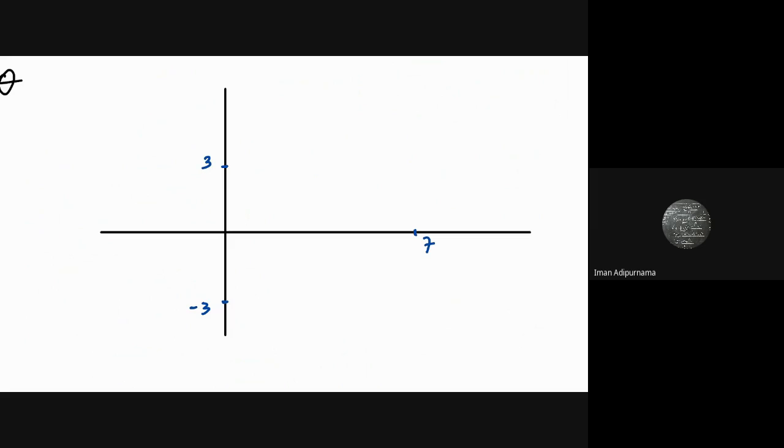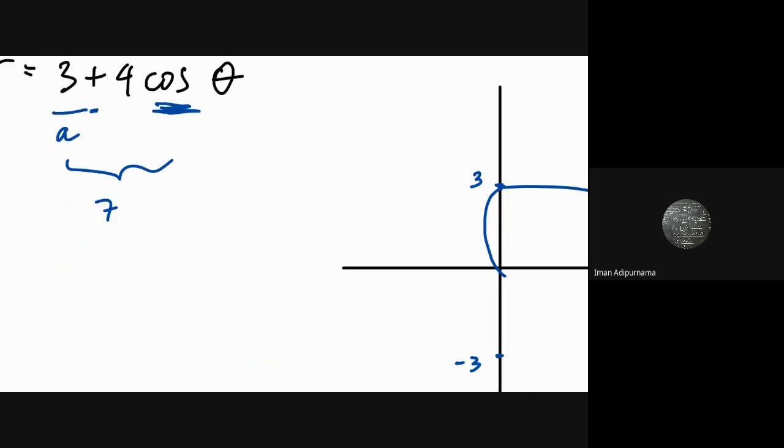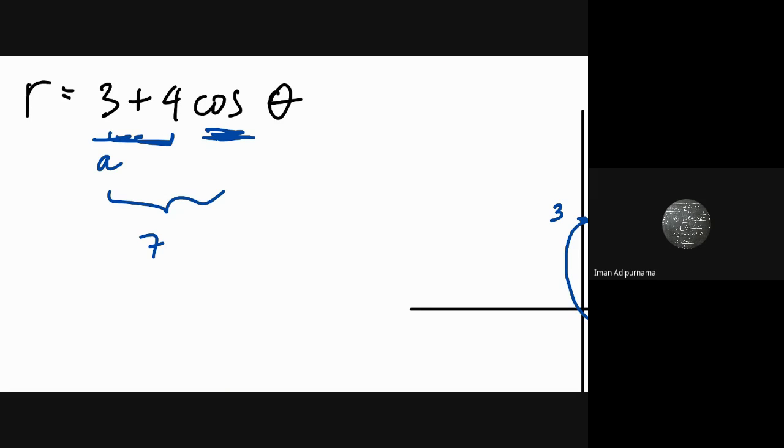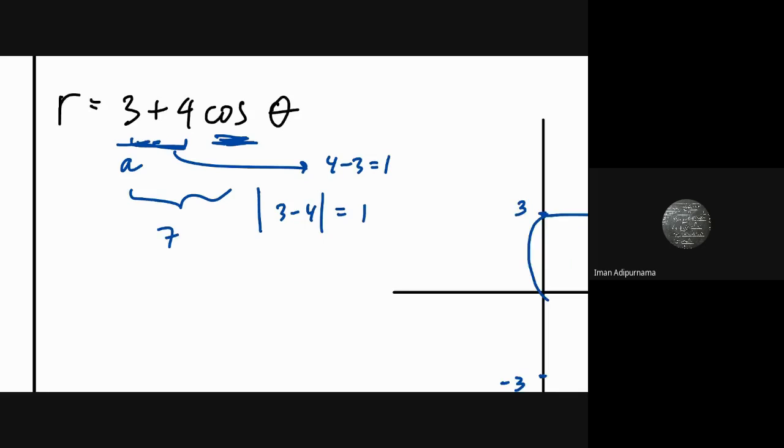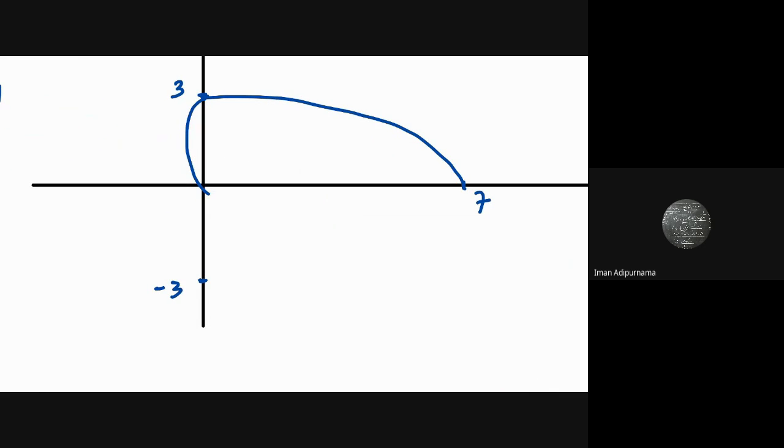And how it looks like is it will go through this point 3, and it will cross here, and it will take the difference between 3 and 4, which is 1. Okay, so 4 minus 3 is 1, because when cos is negative 1, it should be 3 minus 4. This is negative 1, so it's 1, the difference in the distance.